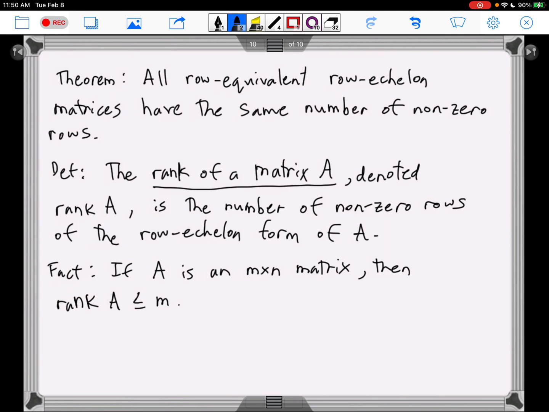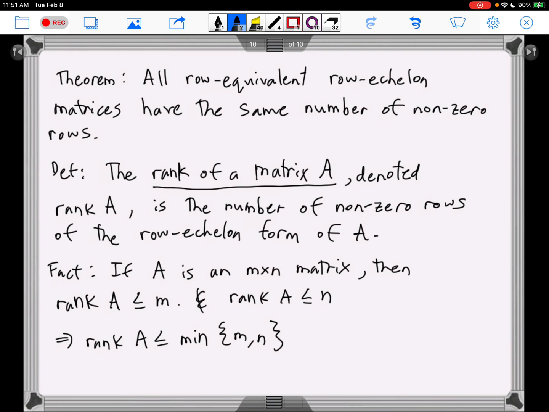So also, the rank of A has to be less than or equal to n as well. So this means that the rank of A is less than or equal to the minimum of m and n. So we have an upper bound now for what the rank of a matrix can be. It's the minimum of the number of rows and columns that the matrix has.